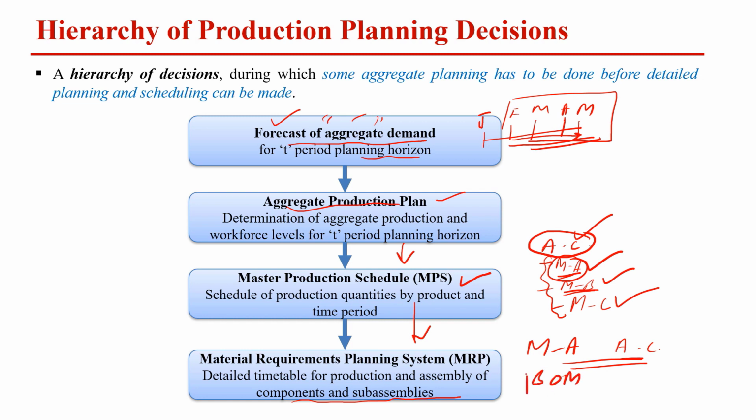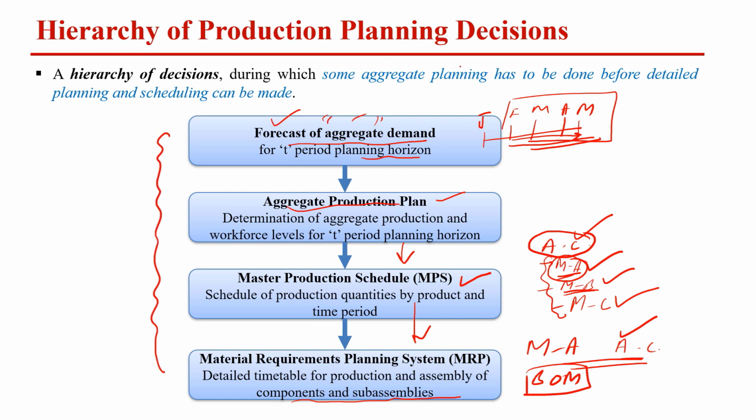So if I know how many model A air conditioners I have to produce, then based on the bill of material I can get the values: how many compressors and how many screws we need to produce model A. These are the hierarchical decisions we make in hierarchical production planning.